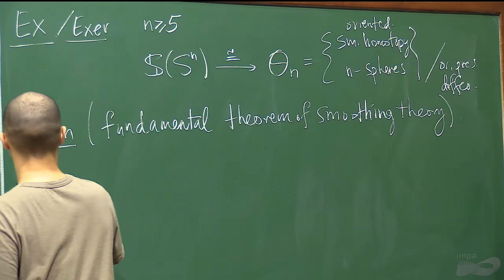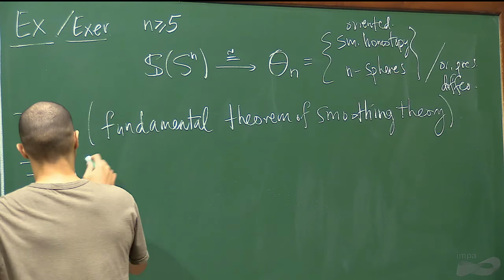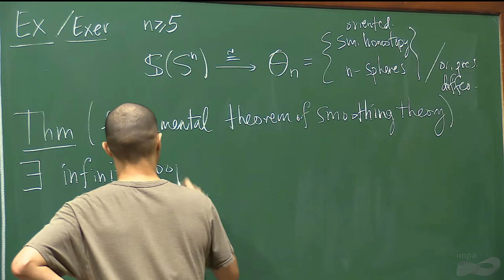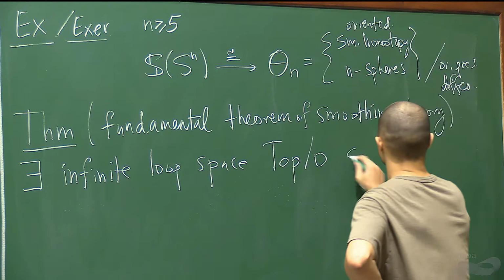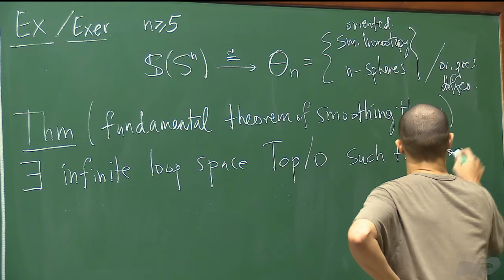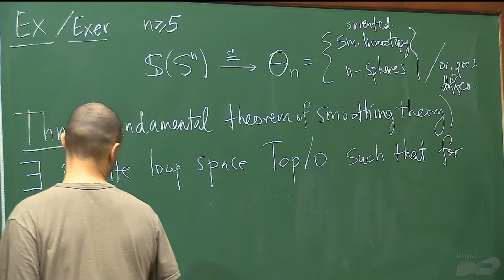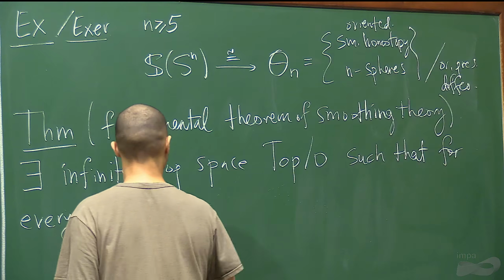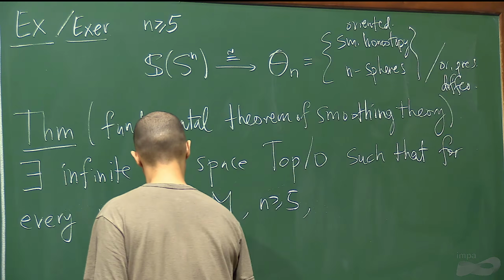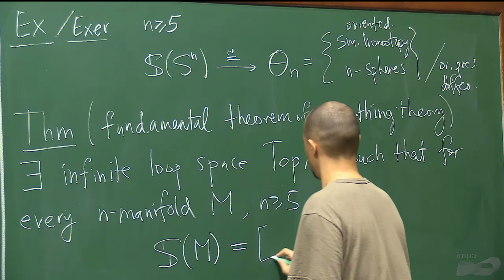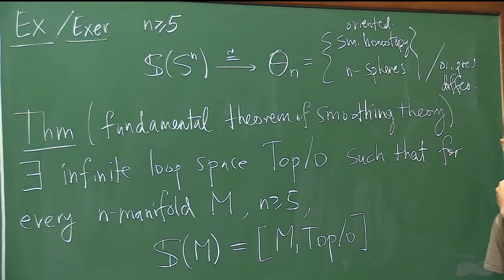This says there exists a space, denoted top mod O, such that for every n manifold M of dimension at least 5, there's a bijection between these smoothings up to concordance and homotopy classes of maps into this space top mod O.